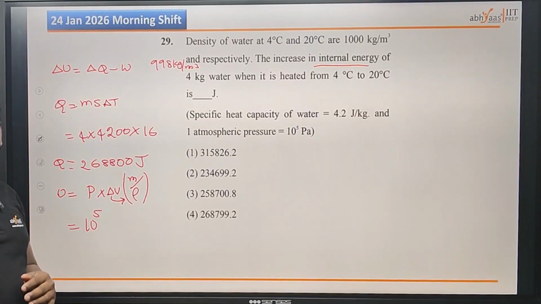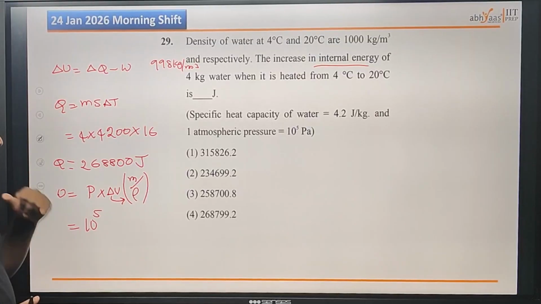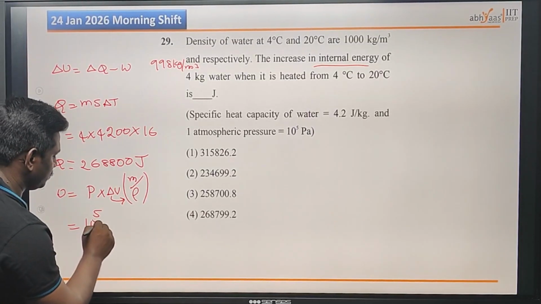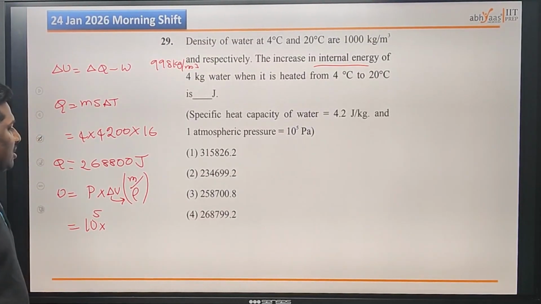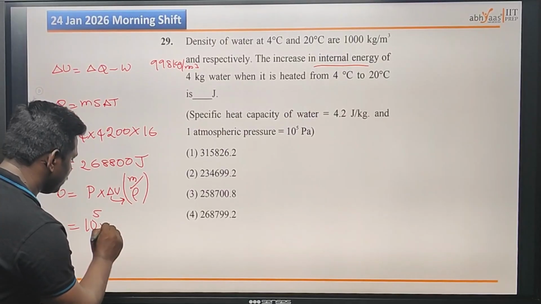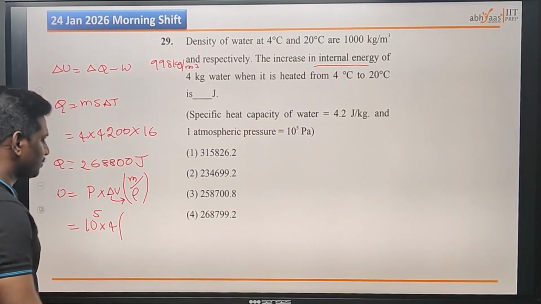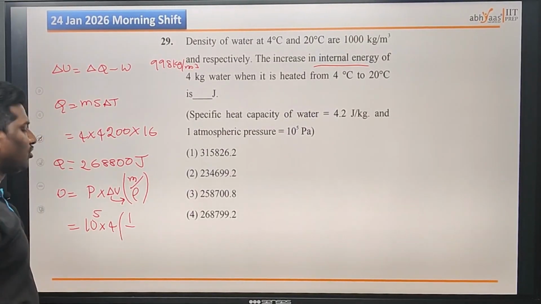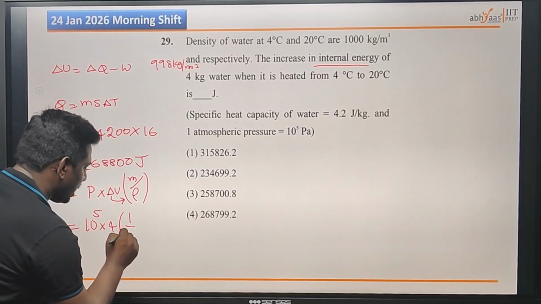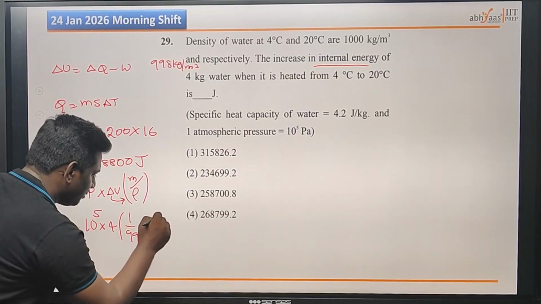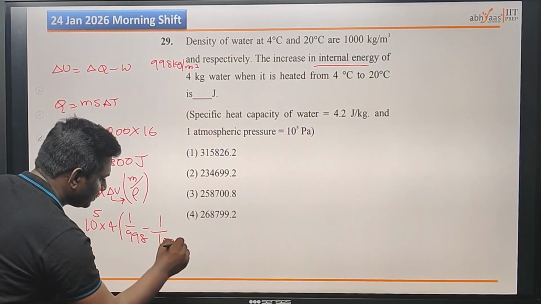Now we have to find the delta U. M is common, that's why I am taking it outside: 4 into 1 by rho final minus 1 by rho initial, that is 1 by 998 minus 1 by 1000.